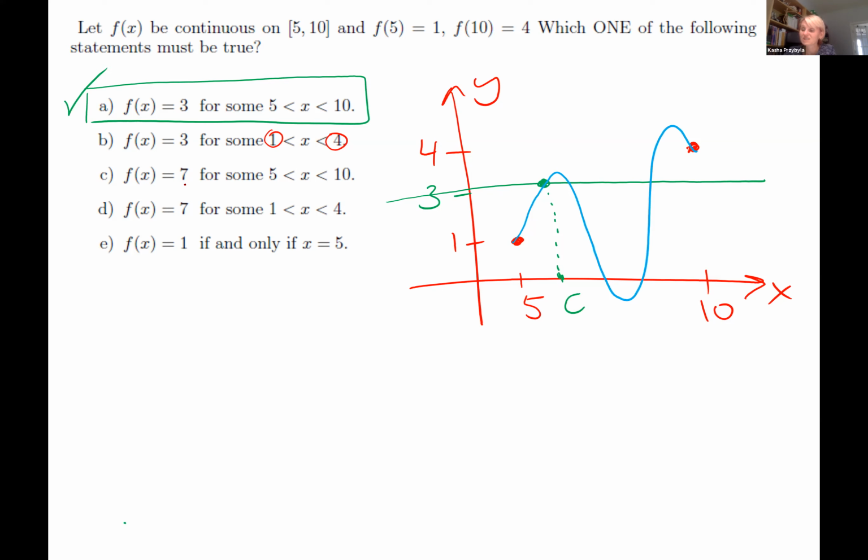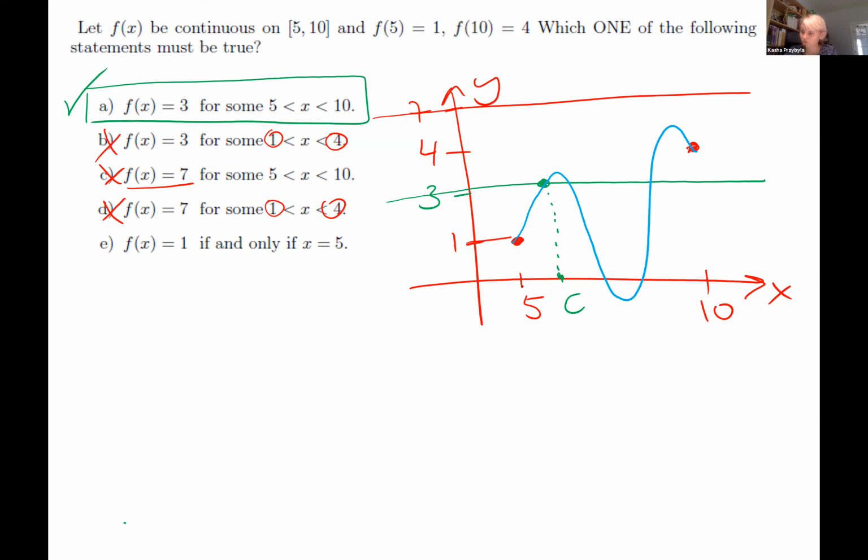Okay, f of 7 is between 5 and 10. 7 is somewhere here, and I could even not have the intersection. 7 is outside the values. That's wrong. They are messing up the x values. And this one, the value of the function is 1 if and only if x is 5.